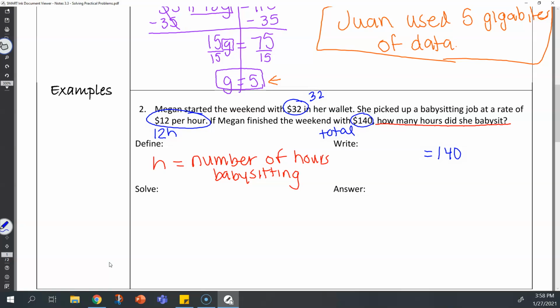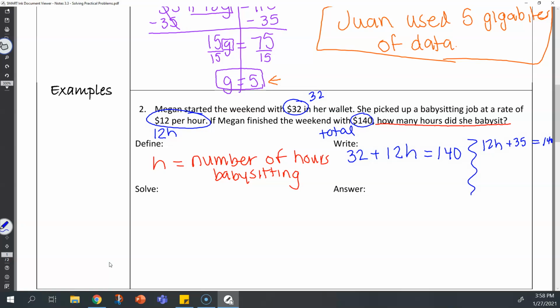Then I'm going to look at this. She started with $32. Then she got $12 for every hour she was babysitting. Okay. Now remember, your equation might look a little different. You might put 12H first, 12 hours of babysitting plus the $32 she started with.